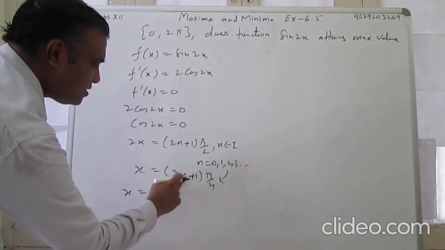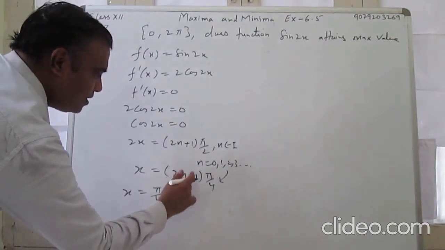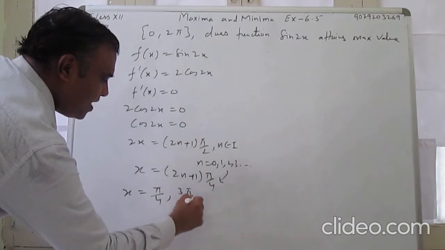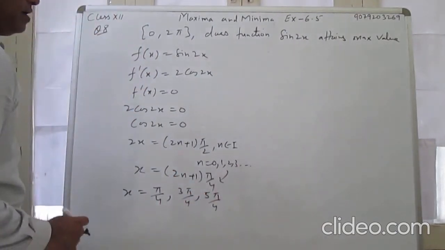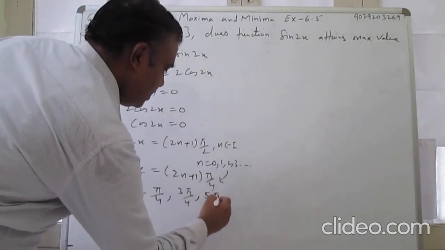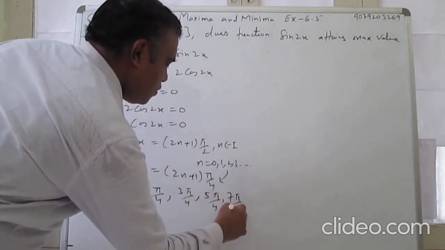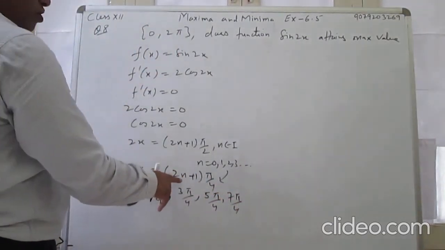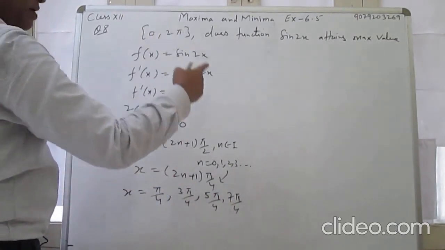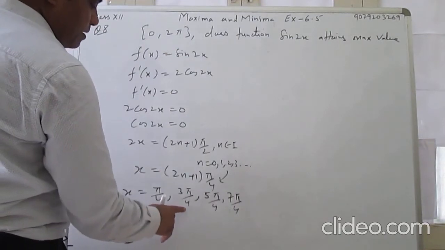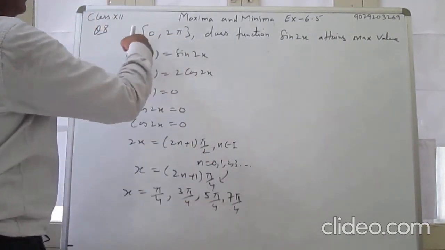If n is 0, x is π by 4. If n is 1, it becomes 3π by 4. If n is 2, it becomes 5π by 4. If n is 3, it becomes 7π by 4. If n is 4, it becomes 9π by 4, which is more than 2π. So we take the values π by 4, 3π by 4, 5π by 4, 7π by 4, 2π and 0.